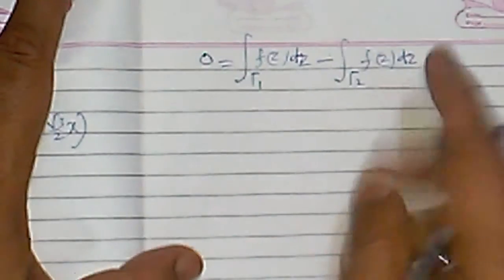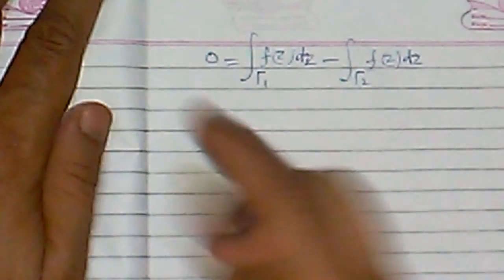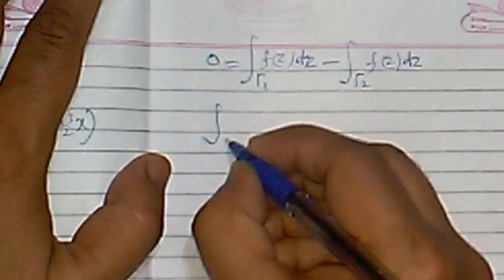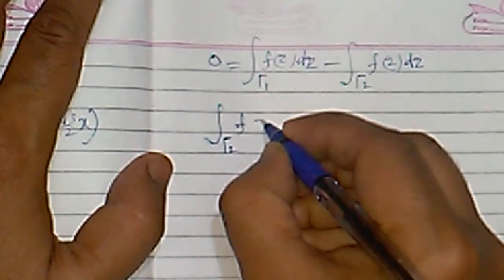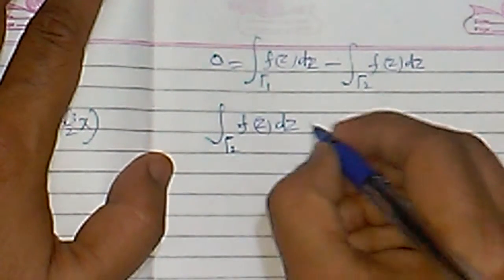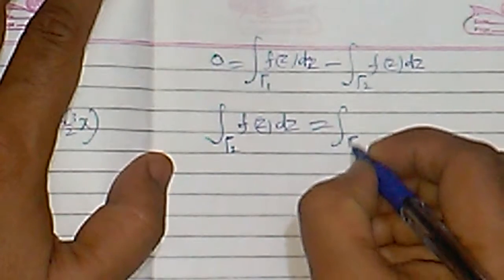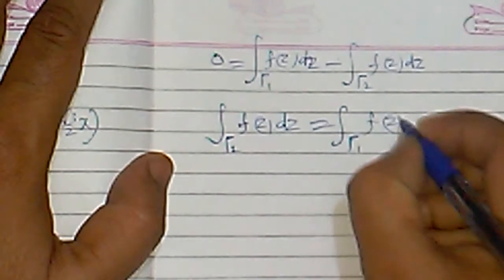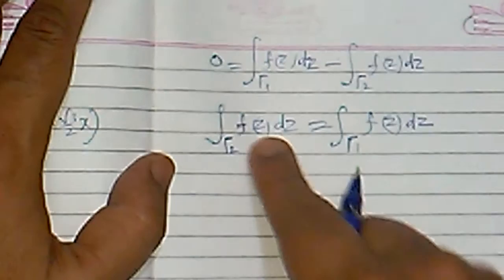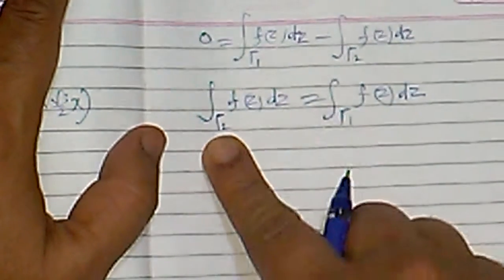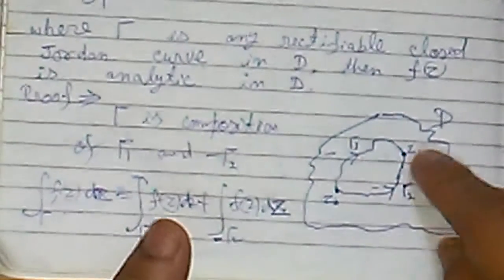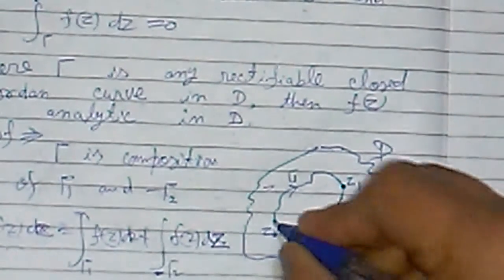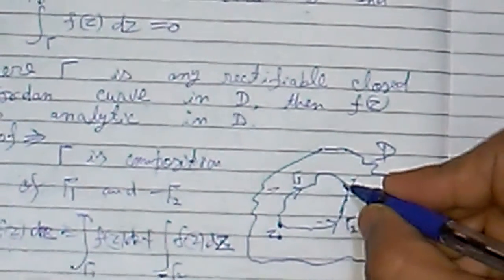We can now transfer this integral to the left-hand side. After transposition, the sign of this integral changes from minus to plus. So here we see that the integral of a function is independent of the curve, and it only depends on the first position and last position.